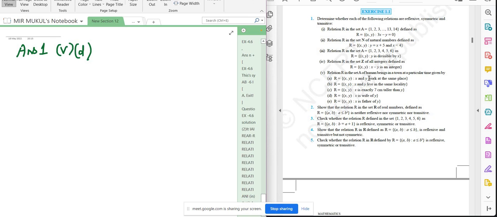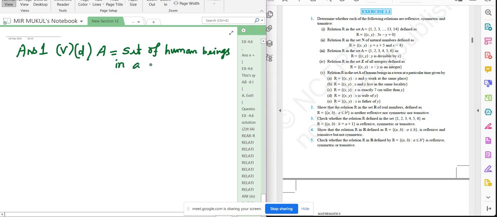Relation R in the set A of human beings in a town at a particular time is given by R equals {(X, Y) such that X is wife of Y}.